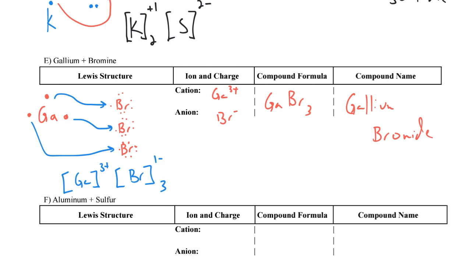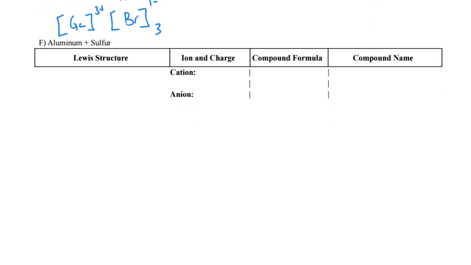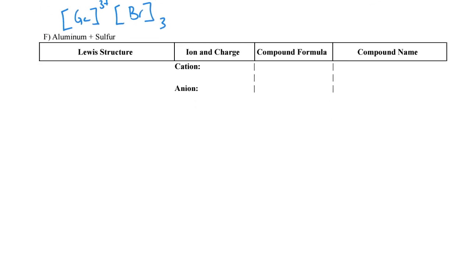Aluminum and sulfur. That one's actually kind of interesting, because aluminum's got 3 to lose, but sulfur can only gain 2. So to make this work, with 3 to lose and sulfur with 2 to gain, what we'll do is we'll find the least common multiple of 3 and 2, which is 6, and have aluminum lose 6 electrons and sulfur gain 6 electrons.